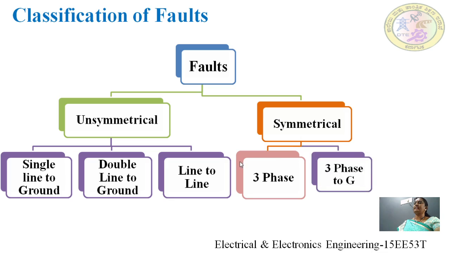These are categorized according to the falling of tree branches or similar objects on the transmission line. These are the faults which majorly occur on a transmission or a distribution line.